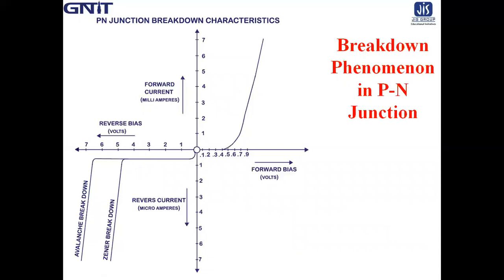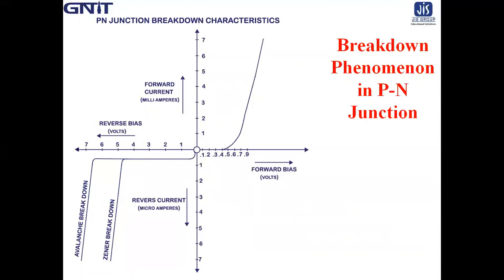With increasing reverse bias, a stage is reached when the current increases very sharply without any increase of bias voltage. The reverse bias at which this phenomenon occurs is known as breakdown voltage. Already we have discussed this.